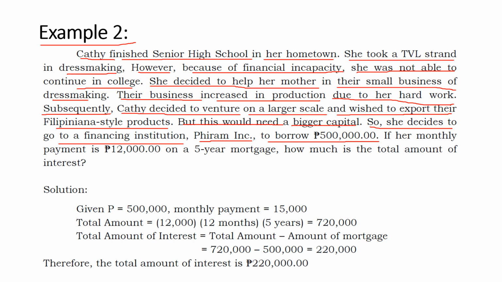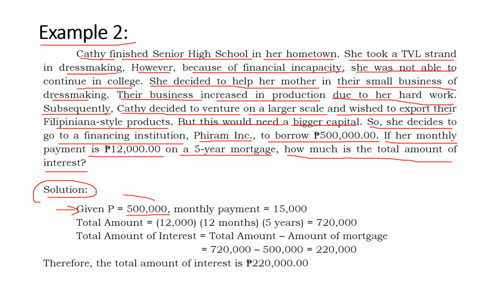500,000 pesos. If her monthly payment is 12,000 pesos on a 5-year mortgage, how much is the total amount of interest? Now, with our solution here, given your P as your principal, because that is the amount that she applied for, that is 500,000 as the value of P. The monthly payment will be equal to 12,000.